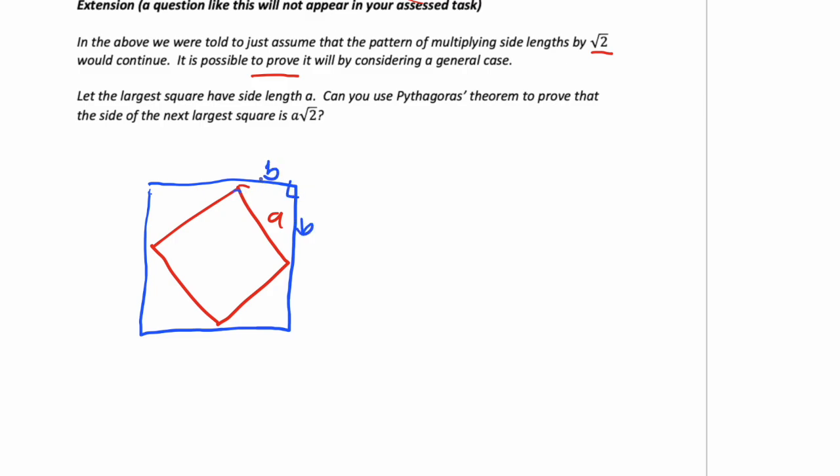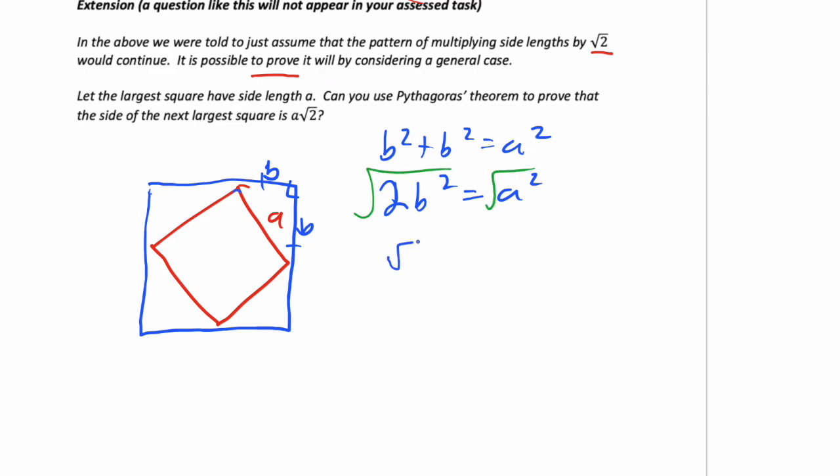Alright, so this is an isosceles triangle. We can say b squared plus b squared equals a squared. Okay, and that is 2b squared equals a squared. If you want to find the value of b, we can square root both sides. Okay, and we have root 2 b equals a, and b equals a over root 2.